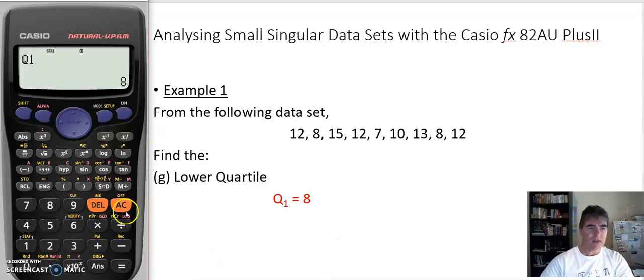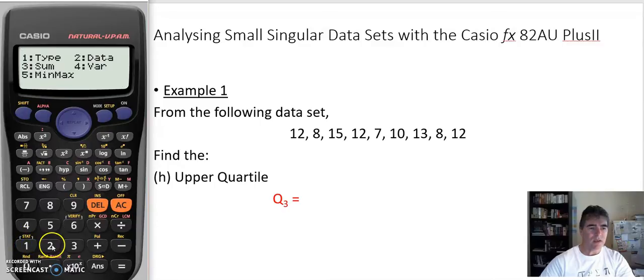So now that we've worked that out, let's clear that. And our next part is to find our upper quartile, so it's in the same section. Now remember, upper quartile is Q3, so shift 1. In our min-max section, Q3 is the number 5, press equals, and we find that it's 12.5. So write that down. So we finish that, let's clear it.